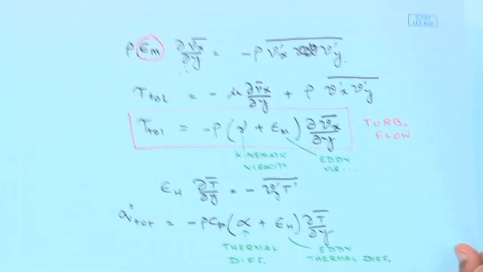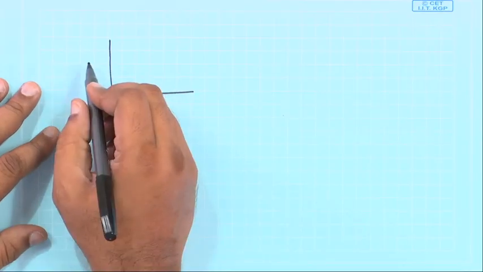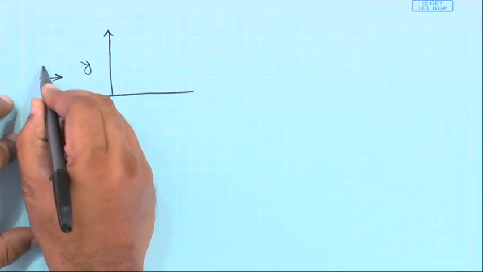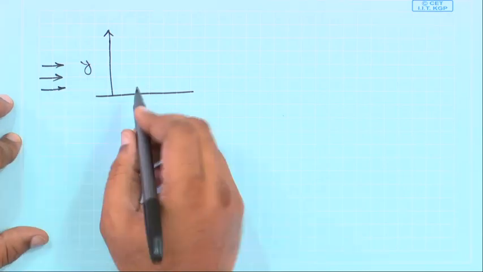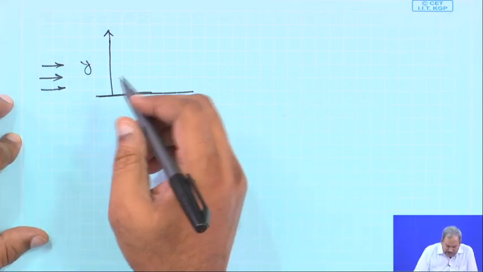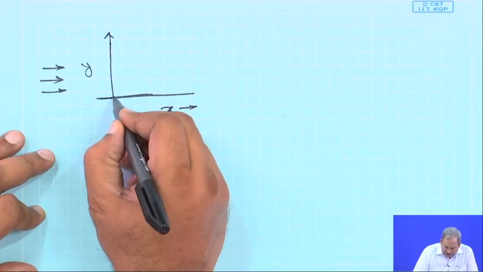how the temperature profile and the velocity profile vary. So, let us say this is the y direction, the flow is taking place like this, and this is your actual direction x, and you are trying to see the velocity profile.